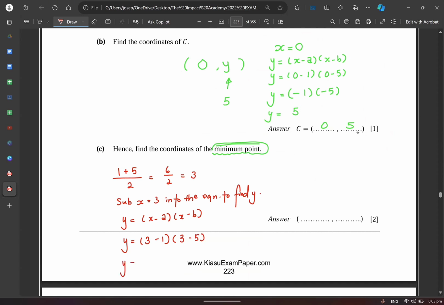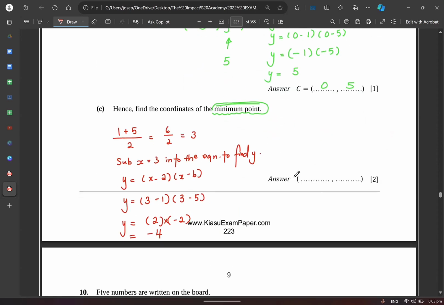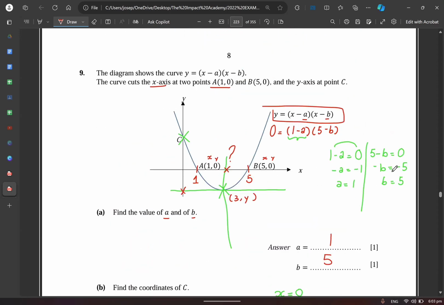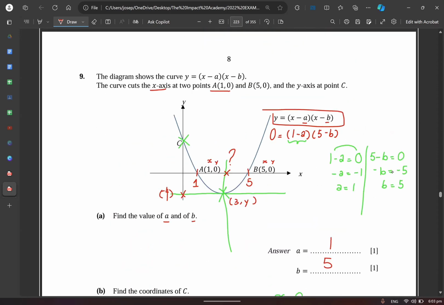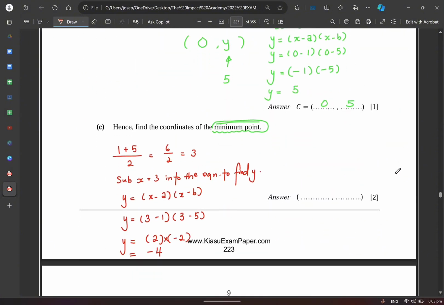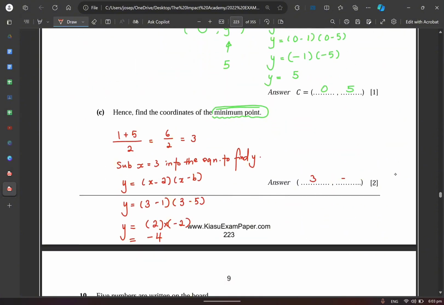So y equals 3 minus 1, which gives me 2, times 3 minus 5, which gives me negative 2. Because over here is multiply, it becomes negative 4. That's the reason why, you see, where's negative 4? Maybe I just show it to you. This point is negative 4. Make sense? So my coordinate becomes (3, negative 4). And therefore, this is your answer for this question.